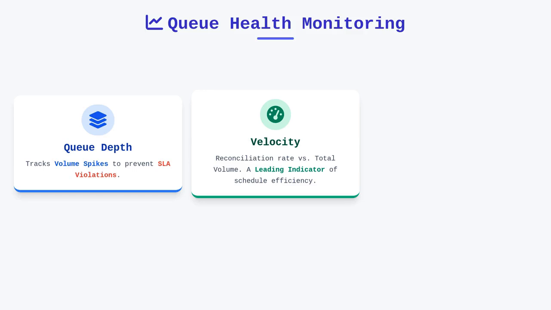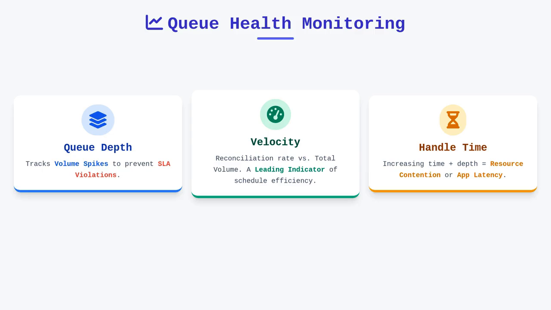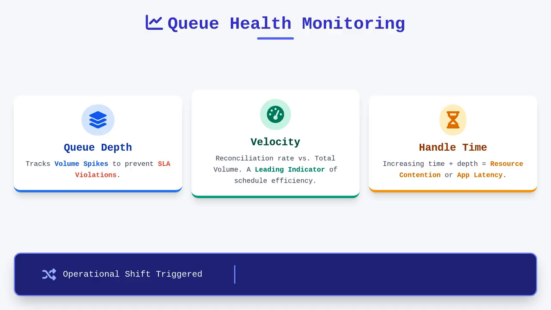If you observe that the average handle time for specific item types is increasing while the queue depth grows, you are likely facing a resource contention issue or a degradation in the latency of an external application. These indicators are the primary signals that trigger an operational shift, such as scaling your resource pool or reprioritizing the existing backlog to favor high-impact tasks.